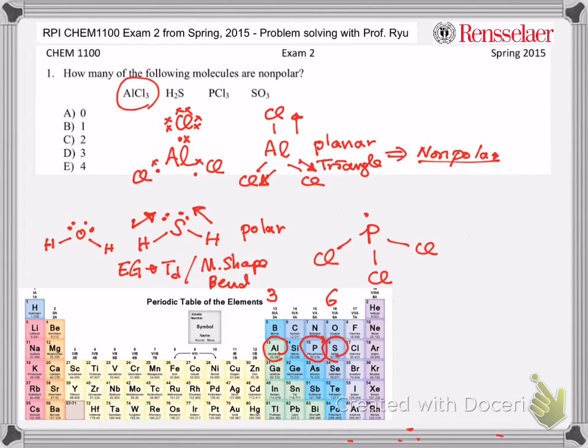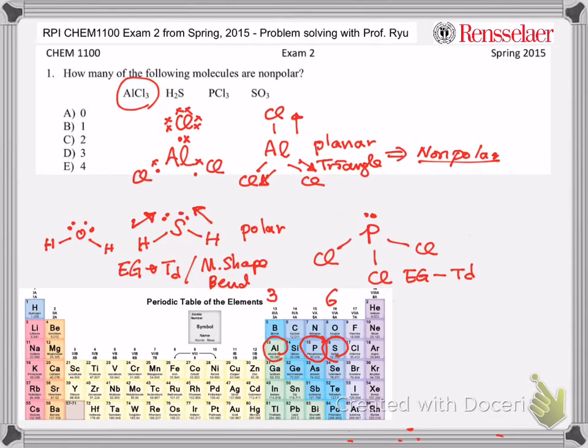You are left with 2 electrons that form a lone pair. If you count the lone pairs and the bonds, there are 4 of them. Electron group wise, it is tetrahedral, and molecular shape wise, it is trigonal pyramidal.